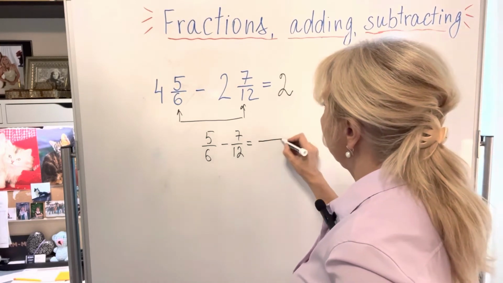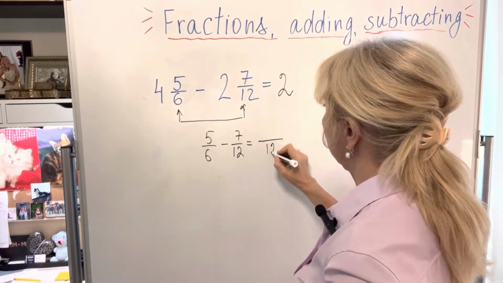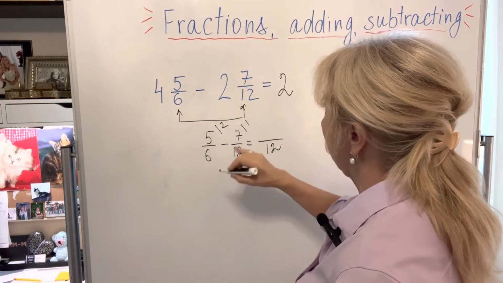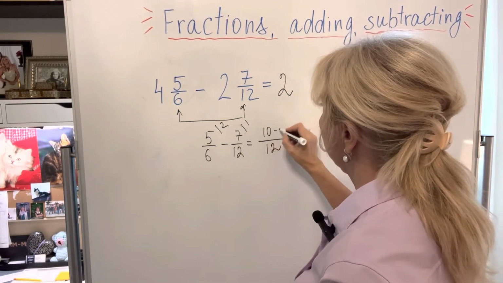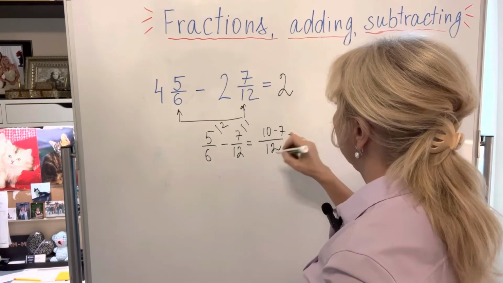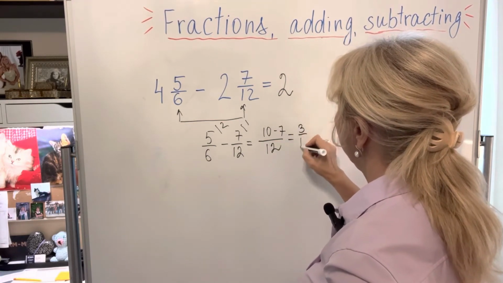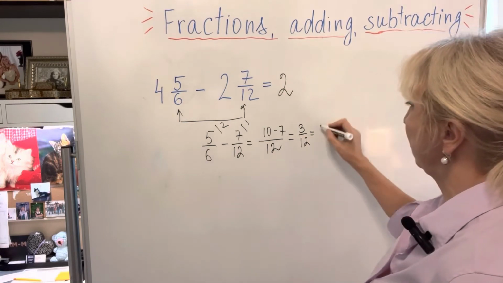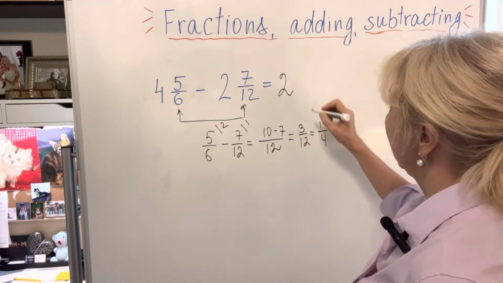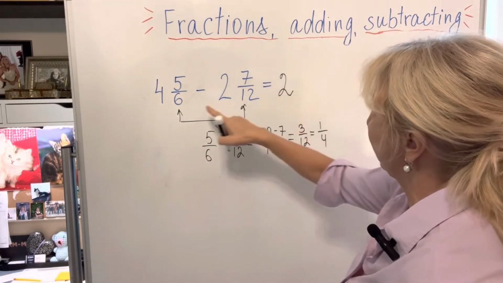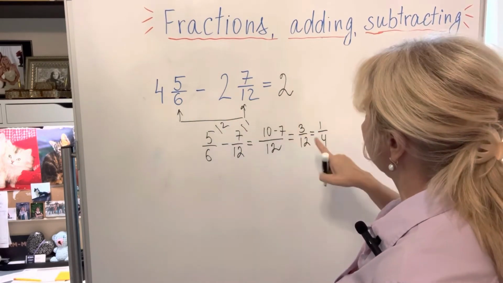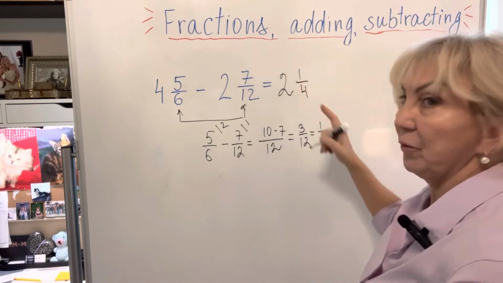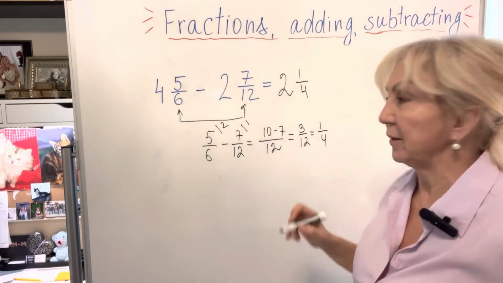The same way as before, common denominator 12, and we have 10 minus 7, no problem. This gives 3/12, which we can reduce to 1/4. So in the fraction part, the result is 1/4. 2 and 1/4 is your answer.